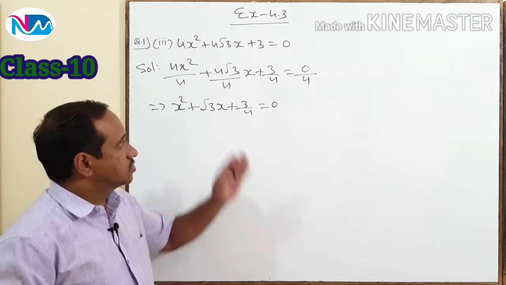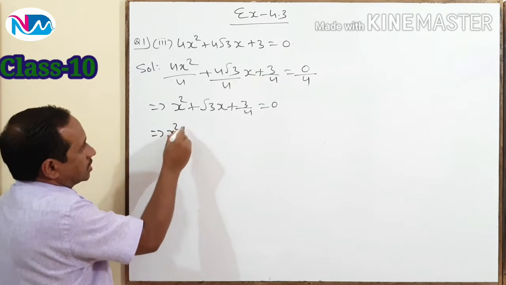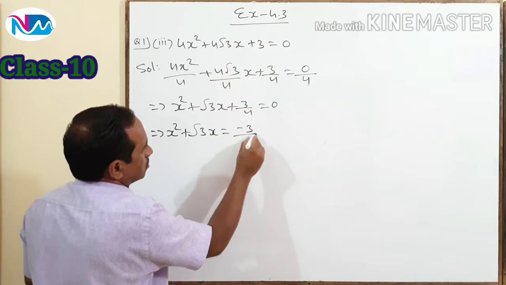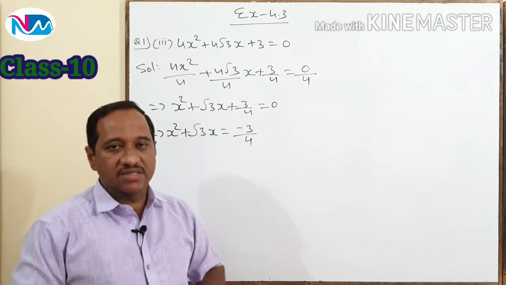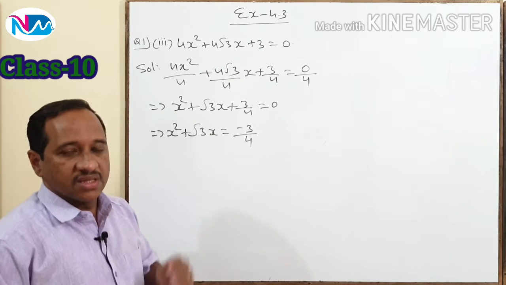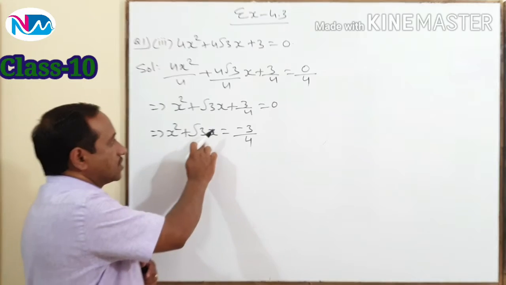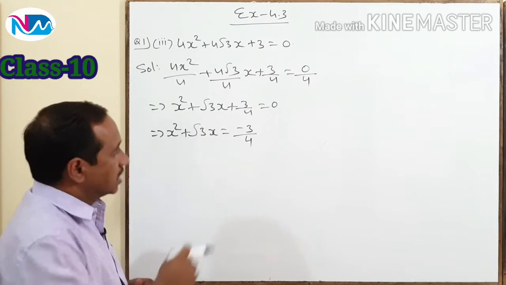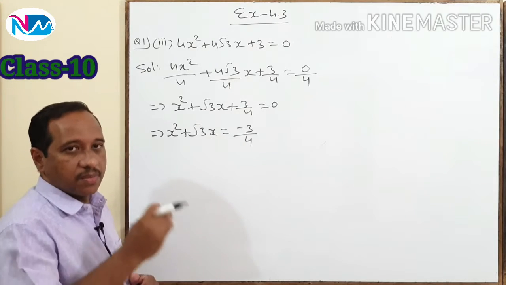The next step is to take the constant term to RHS and hence we get x square plus root 3x is equal to minus 3 by 4. Plus 3 by 4 will go as minus 3 by 4. The third step is to add the square of half of the coefficient of x on both the sides. That means here the coefficient of x is root 3, the half is root 3 by 2.